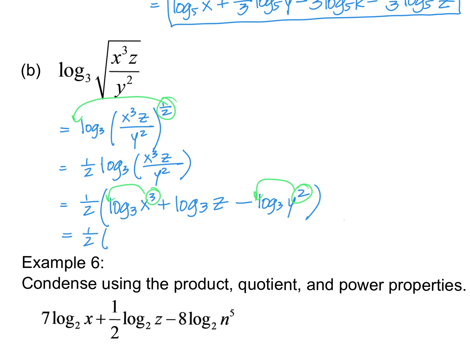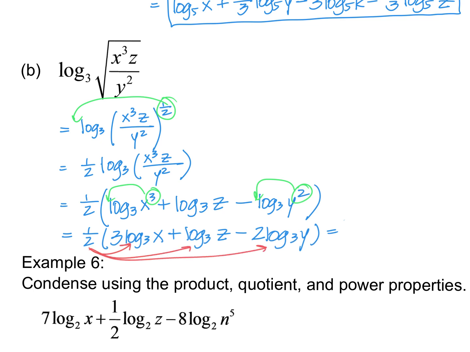So we have 3 times log base 3 of x plus log base 3 of z minus 2 times log base 3 of y. And then we're going to distribute this 1/2 to all 3 terms, giving us 3/2 log base 3 of x plus 1/2 log base 3 of z minus 1 log base 3 of y.